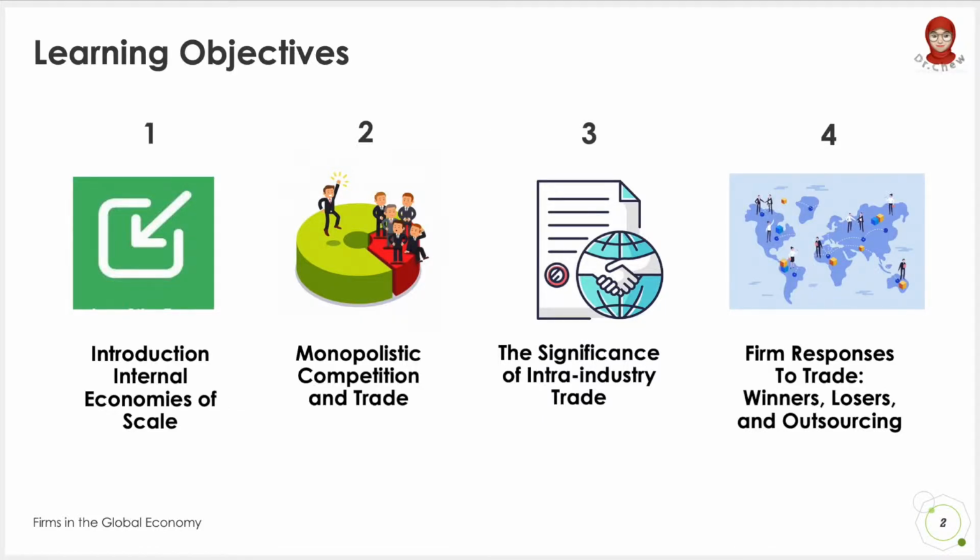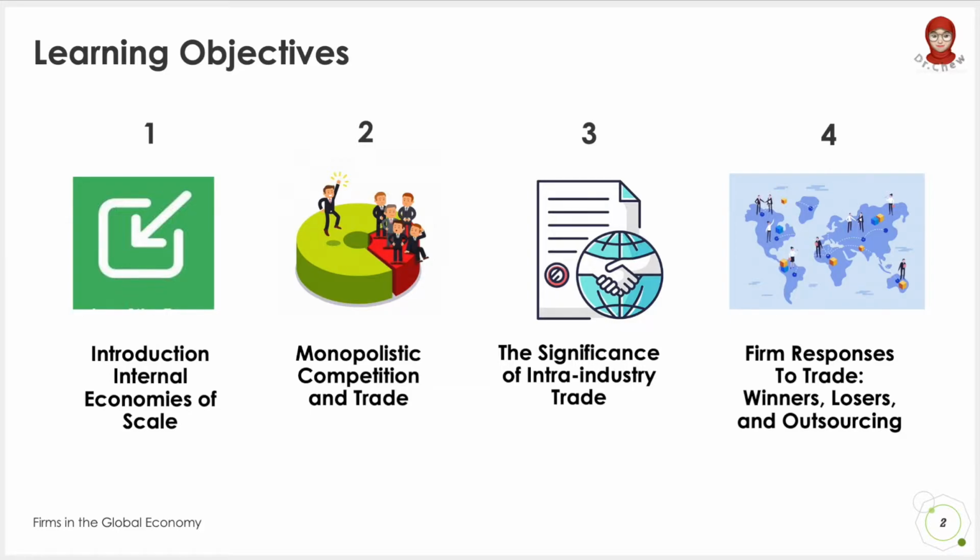There are four learning objectives in this lesson, and I hope that by the end of this lesson, you should be able to first discuss what internal economies of scale are. Second, describe the types of economies of scale and market structure.